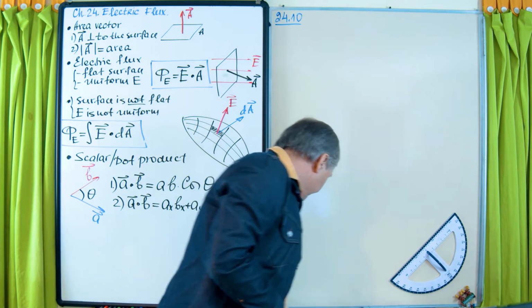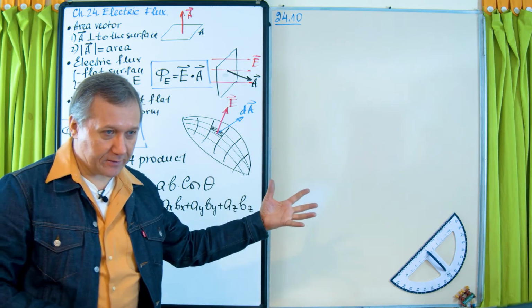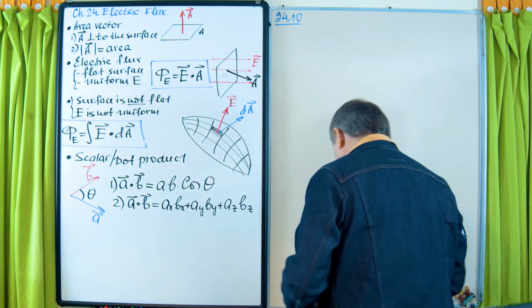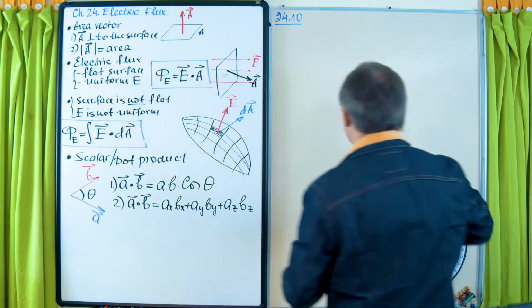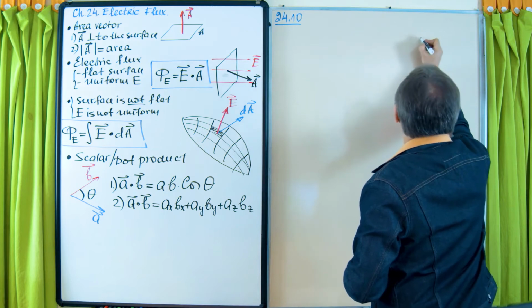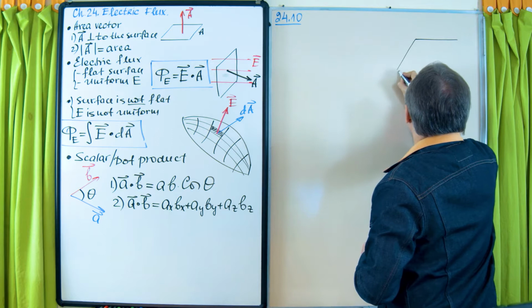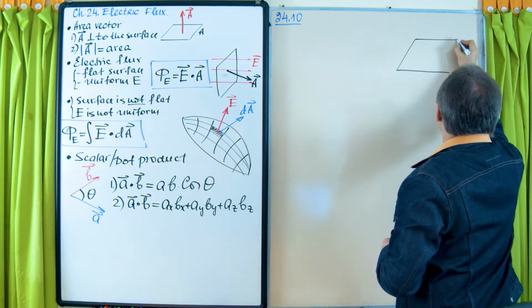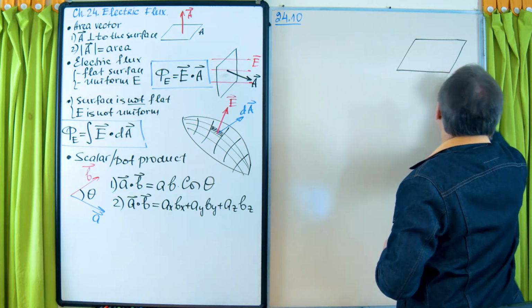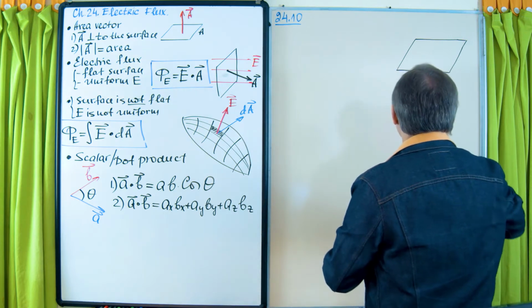And so what do we have? We have a surface and the electric field. Maybe I will start with drawing a surface. Yeah, I will draw the surface first. Okay, then sides.